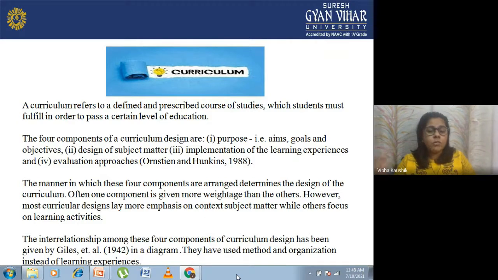The interrelation among these four components of curriculum design, that is the purpose, design of subject matter, implementation of the learning experiences, and evaluation, was given by Gills in 1942 in a diagram. They have used methods and organization instead of learning experiences.